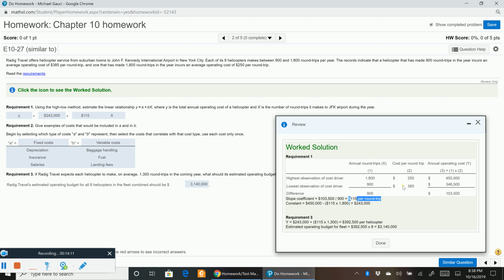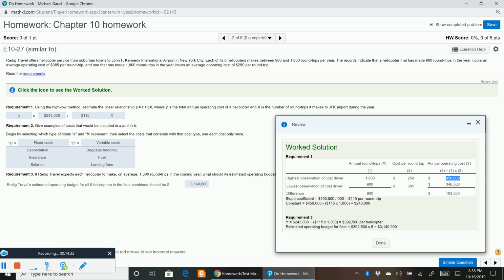Now that I know the variable piece per unit, I can test it by doing either the high or the low. Let's take the high. If the total cost is $450,000, total cost of $450,000 minus the variable cost.